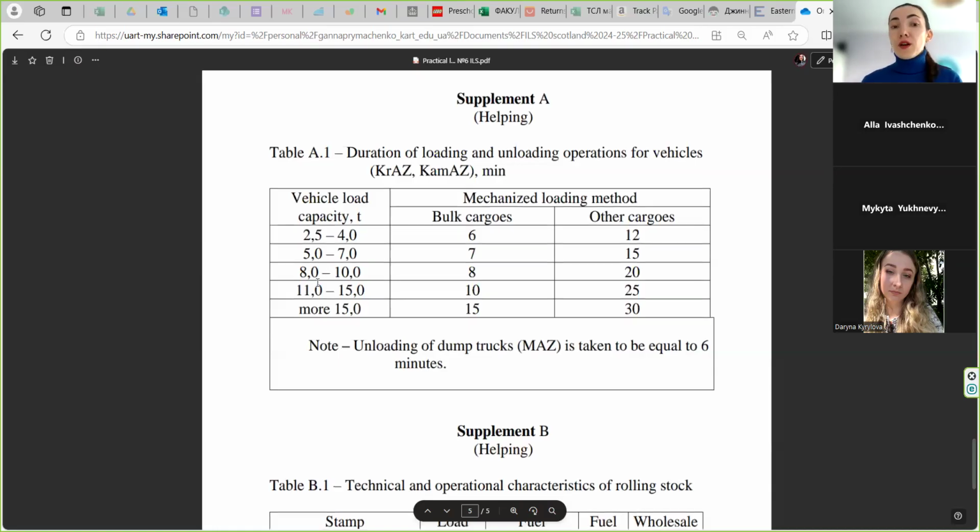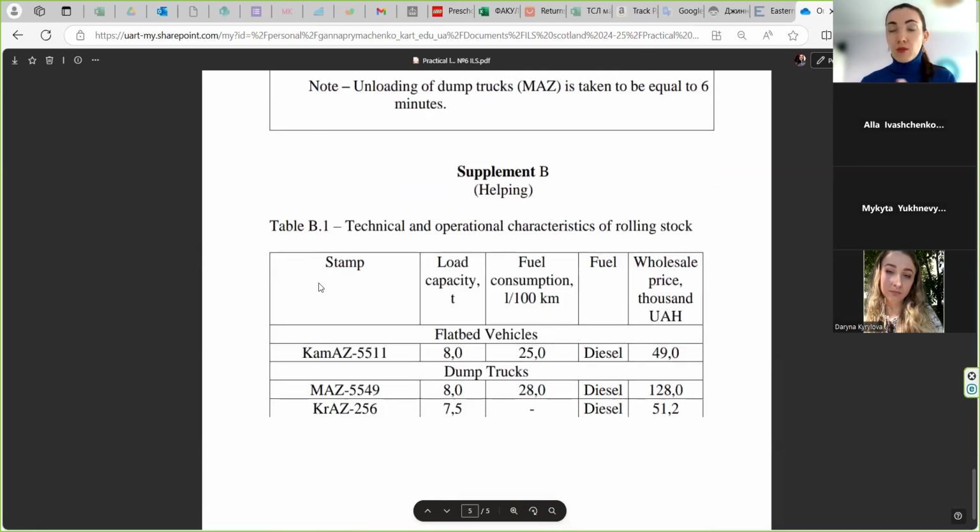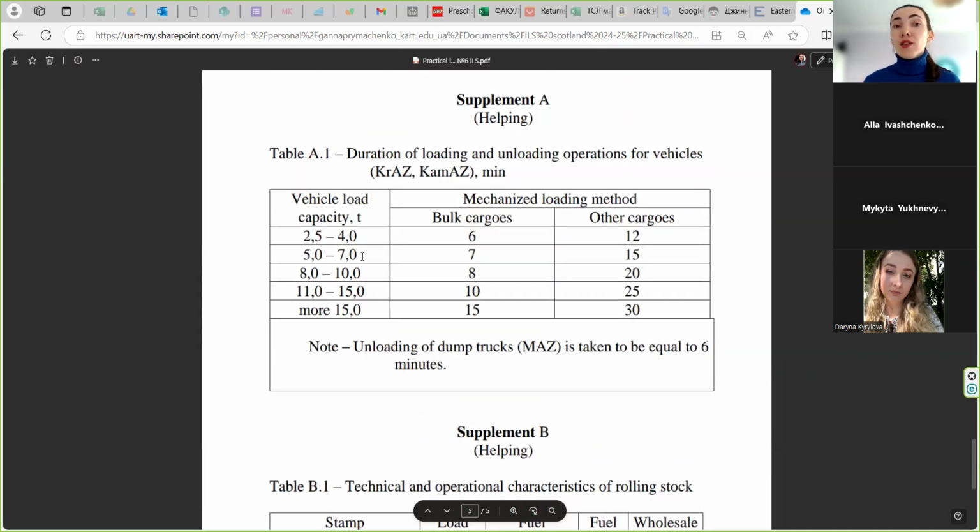Also, I come back to supplement B, and we can see that all types of car have a load capacity of 8 tons, but only Kras has 7.5 tons. But we can say that it is a very small difference for us, so we also round up the vehicle load capacity to 8 tons.